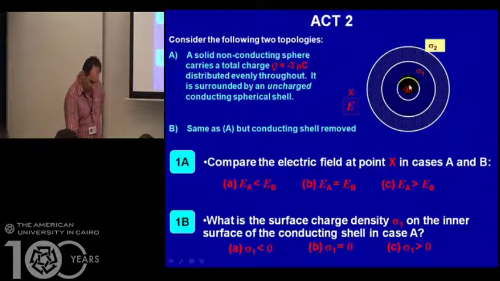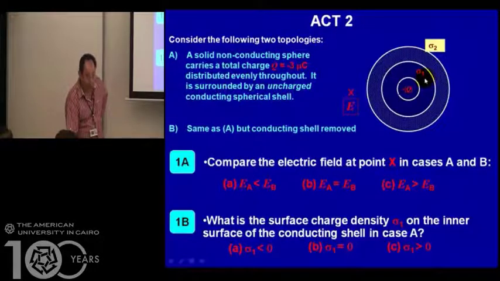And around it, there's a spherical shell, and that spherical shell does not have any charges on it. Then there's a gap, air, vacuum, look at the arrow.